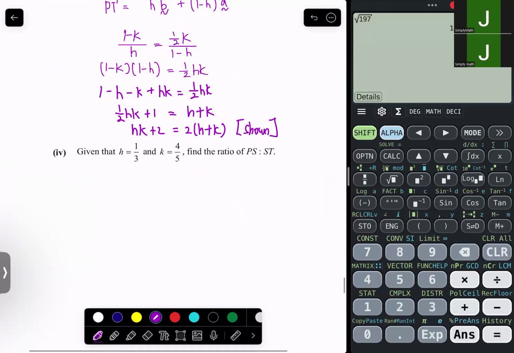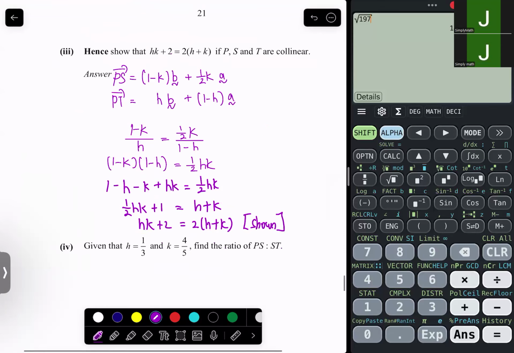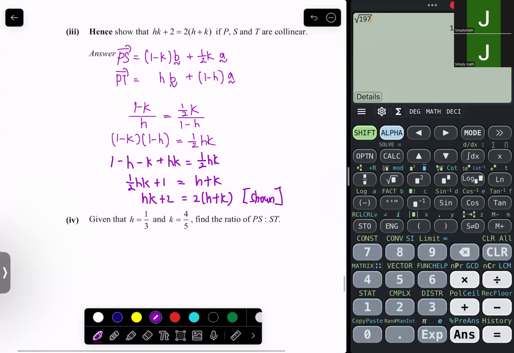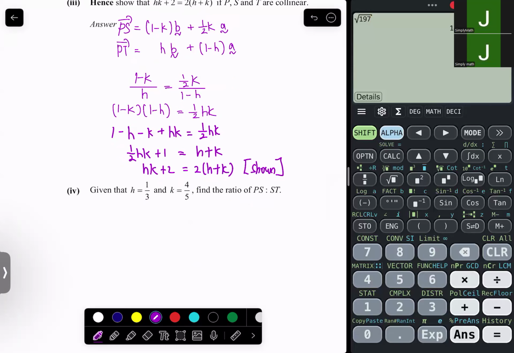Given that H equals to 1/3 and K equals to 4/5, find the ratio of PS is to ST. So the ratio of PS to PT, PS over PT, if we just consider one side of the equation, it'll be 1 minus K, which is 1 out of 5, over H, which is 1 out of 3.